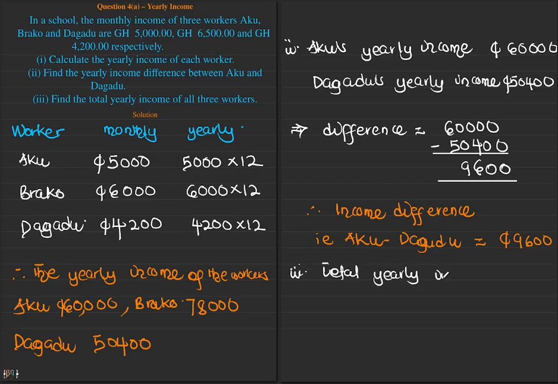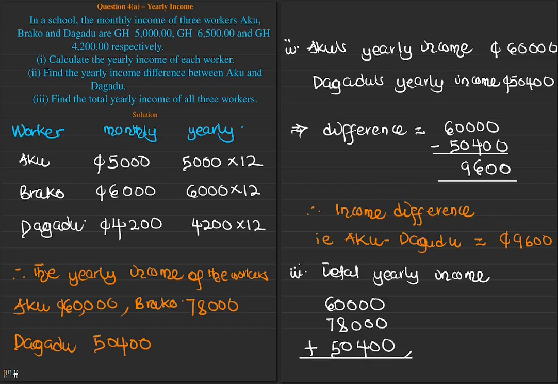So the third one, our total yearly income, is then going to be Aku's amount, which is 60,000, plus Brako's amount, which is 78,000, and then Dagadu's amount, which is 50,400.